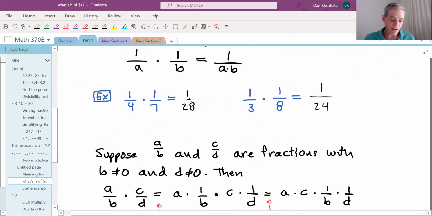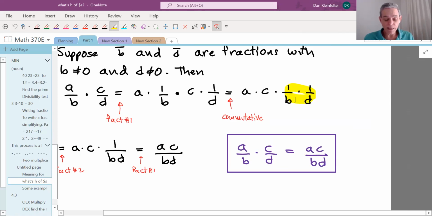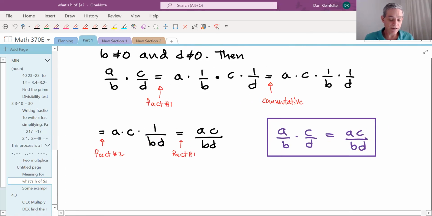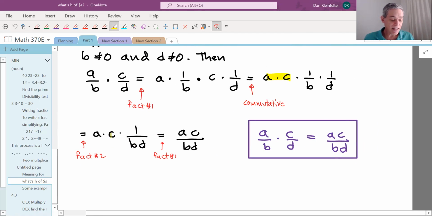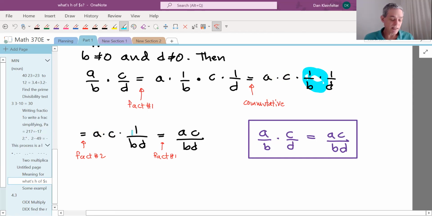So here, I'm going to take 1 over b times 1 over d, and we'll call that 1 over bd. I still have the a times c there, but we've made that second fraction 1 over bd.